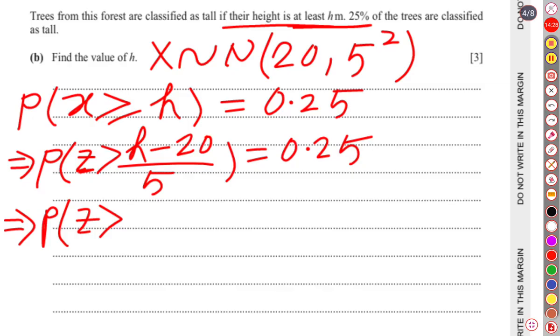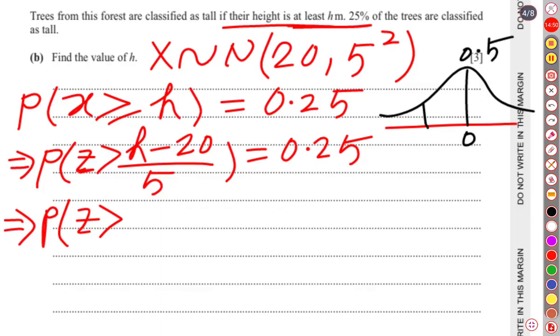Now look at this. This is our graph, the normal graph, and our probability is 0.25. If we start from the left side, 0.25 is very meager because here this is 0.5, half of the whole graph. So 0.25 may fall over here. Look at this, this is our probability because it's very tiny.